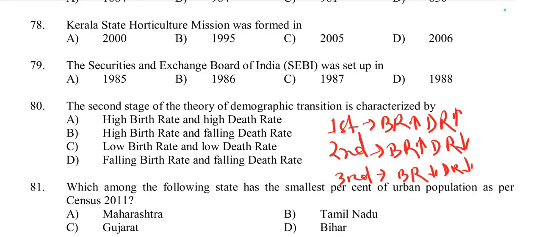High birth rate and high death rate is the first stage. High birth rate and falling death rate is the second stage.